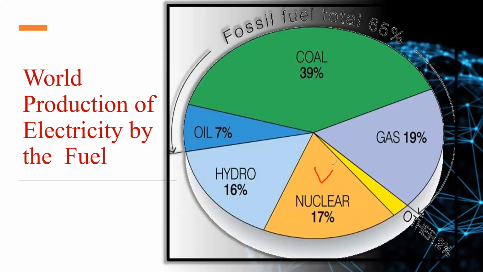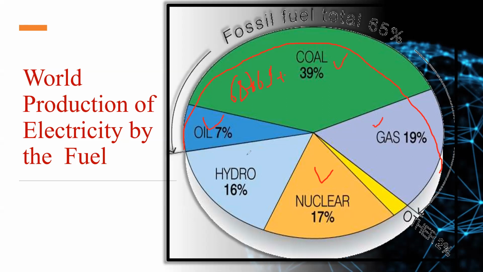And what are the different fossil fuels used. As we see in this pie chart, near about 19 plus 39 plus 7%, so near about 68 to 69% of electricity is produced by the fossil fuels, that is oil, coal, and gas.